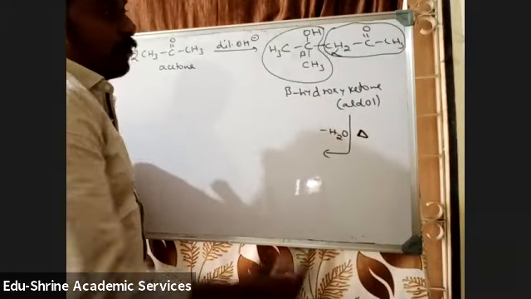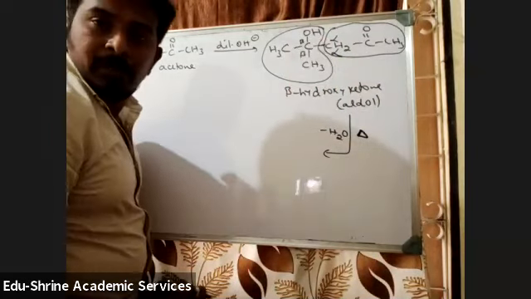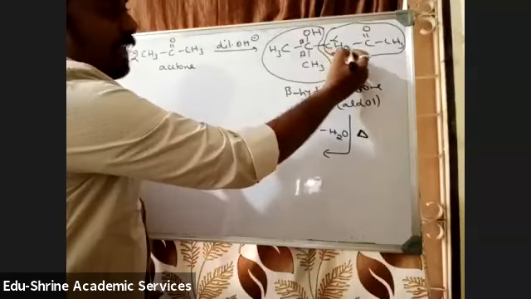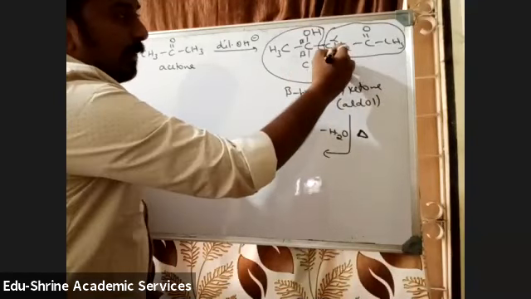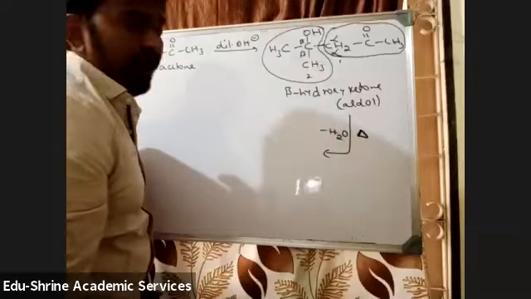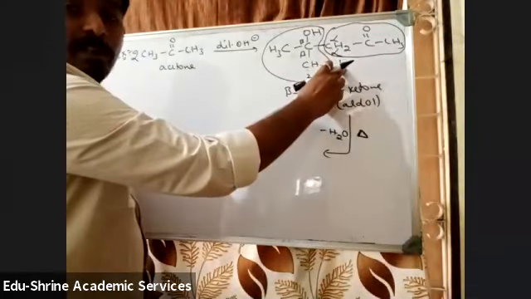So from where you will remove, students? This is alpha and this is beta. So either hydrogen can be removed from this carbon atom or it can also be removed from this carbon atom. Let me call this as 1 and this as 2. From where you will remove, 1 or 2? From 1, because more substituted you'll get.